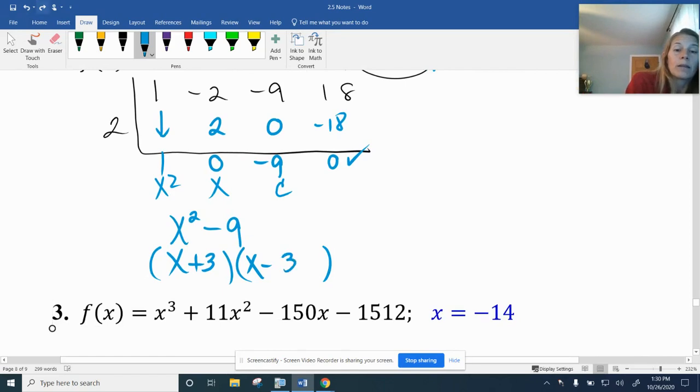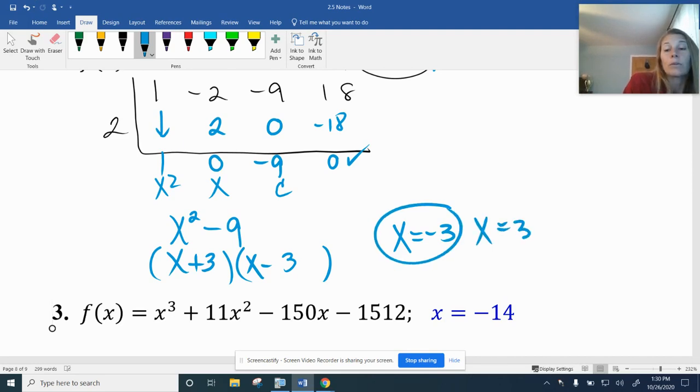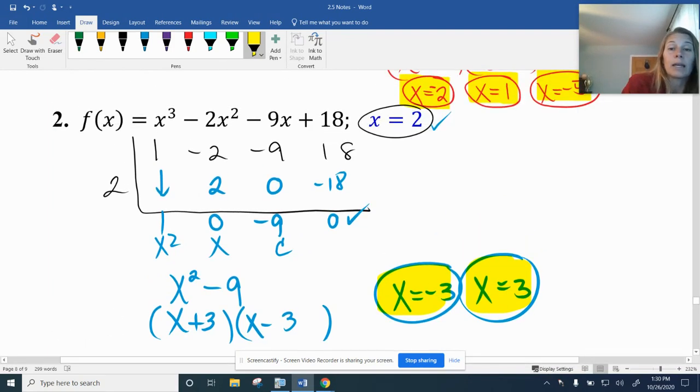All right, and then that means my two solutions there are going to be x equals negative 3, x equals positive 3, and of course I have the original 0 as well that was given to me in the beginning, the x equals 2. The cubic polynomial, I should have 3 zeros or solutions, and I did. I have 1 that was given, and then I found the remaining 2 zeros, 3 and negative 3.